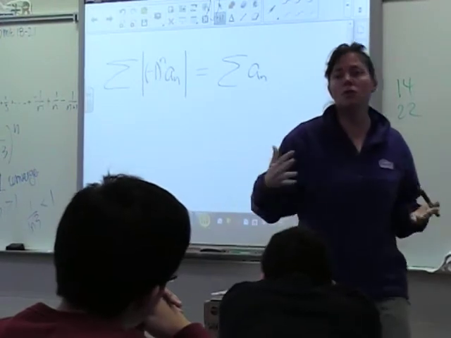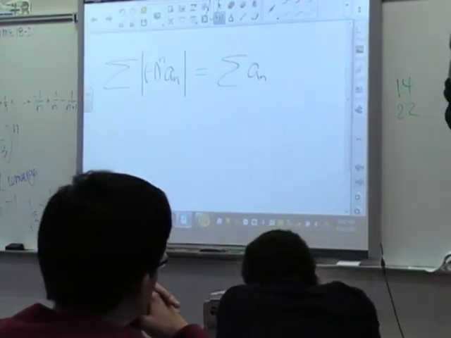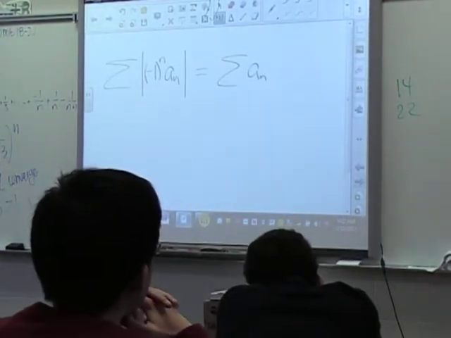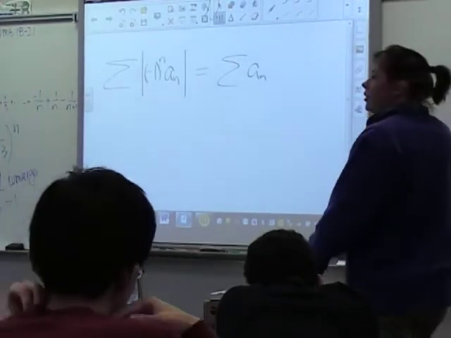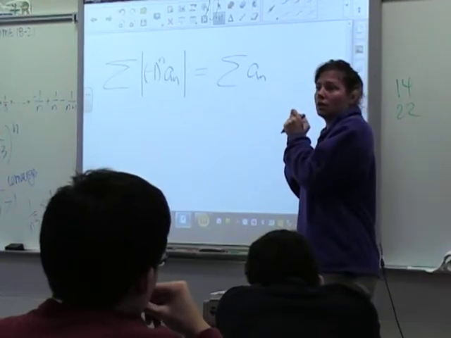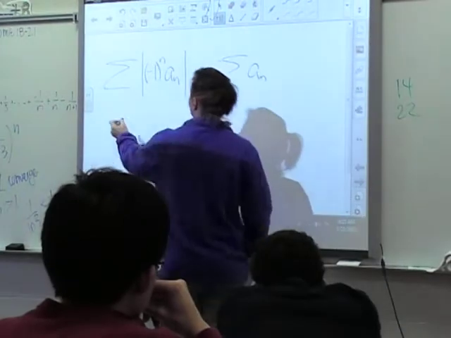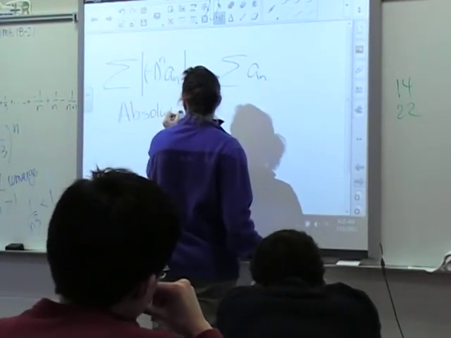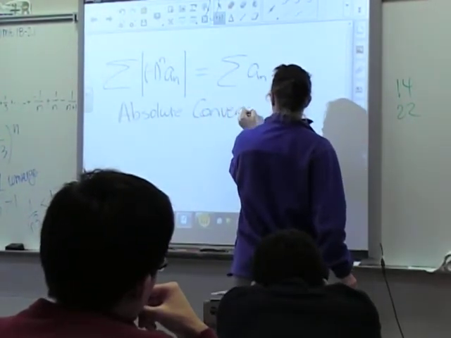Because notice most of the tests that we've learned before, it always says that we have positive terms, right? So what we're normally going to do if I have an alternating series is first look at the absolute value of it. The reason why is because we have what is called the absolute convergence theorem.